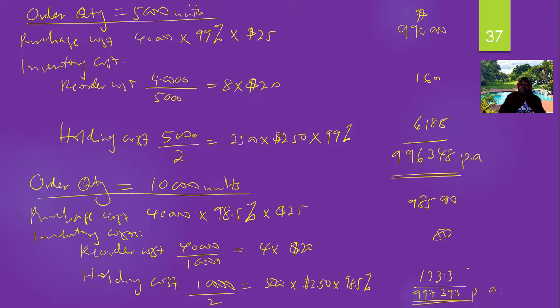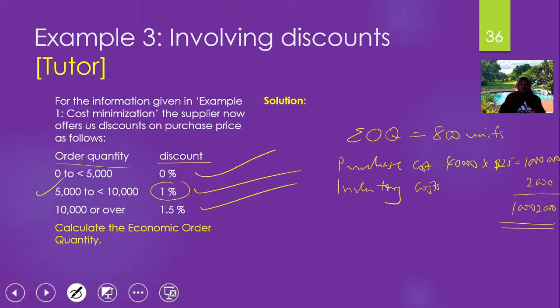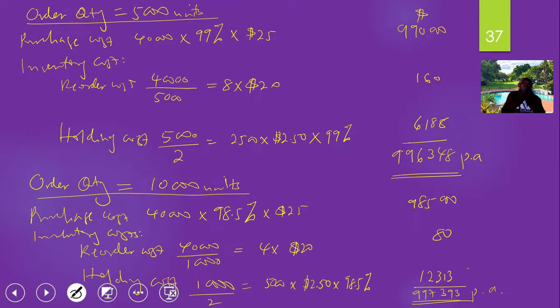So basing on the three figures which we have obtained, the first total cost was this one, 1 million and $2,000 when the order was 800 units. Okay, if we use 800 units, the total cost would be $1 million and $2,000. But when the order becomes 5,000, the total cost will become $996,000.